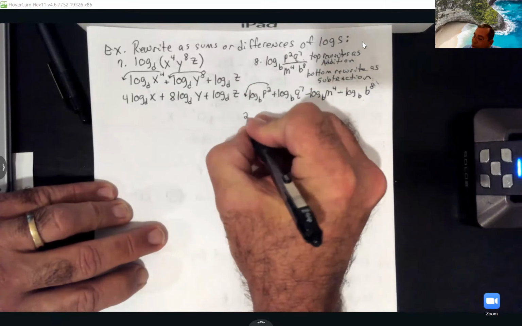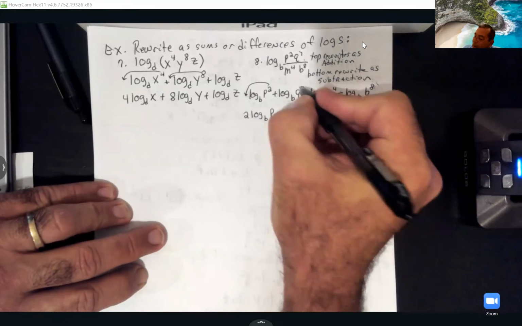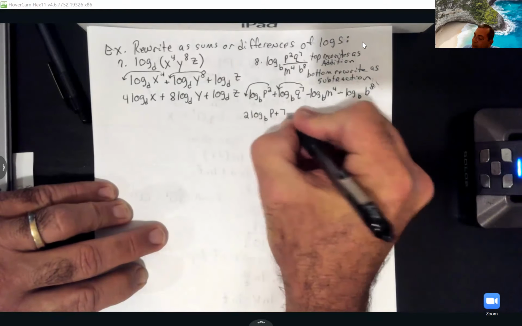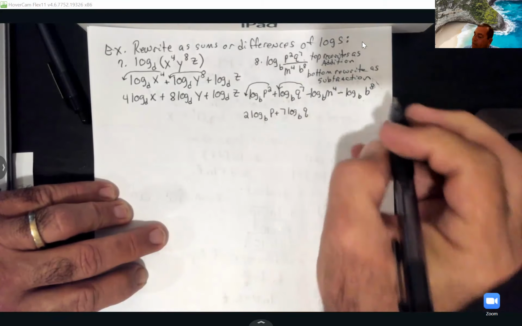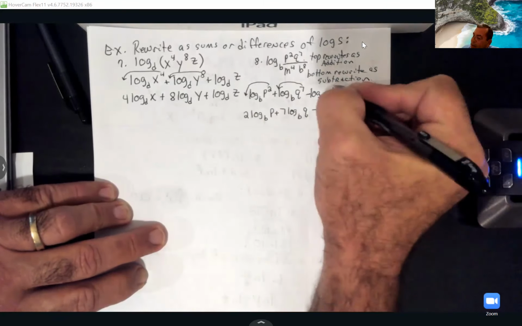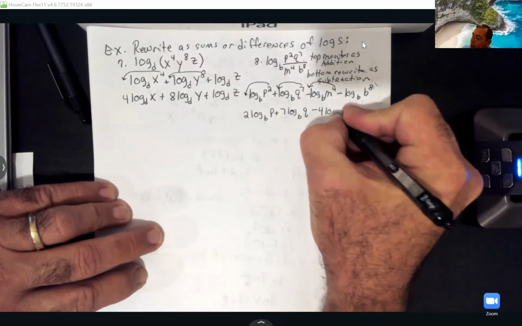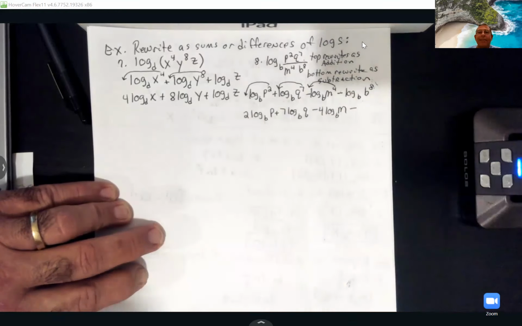So I get 2 log base b of p. Bring that 7 down. Plus 7 log base b of q. Minus, bring that 4 down. 4 log b m. Minus, what did we say was going at the end?